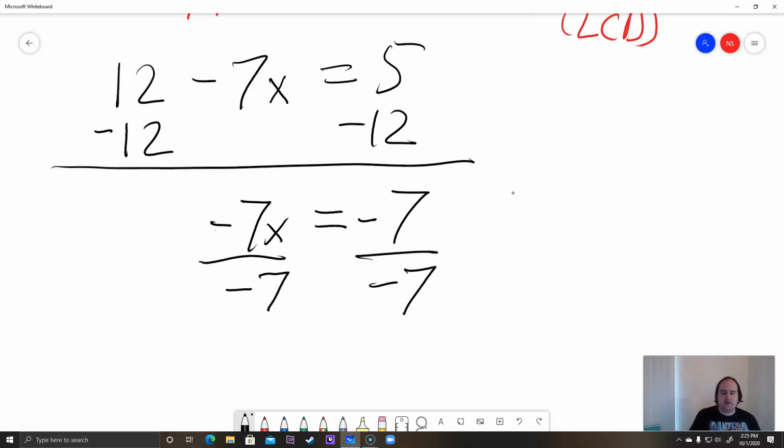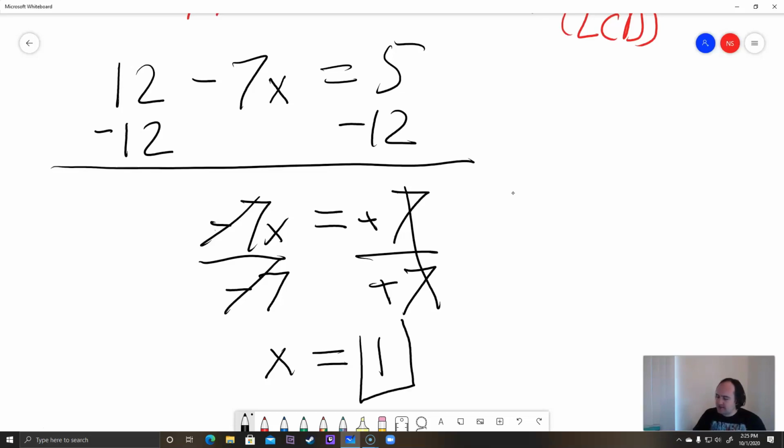The negative 7s cancel out on the left side, and they do on the right side as well, and that just gives you positive 1. Okay, so our answer is x equals positive 1. And that's it. That's the hardest problem in the section.